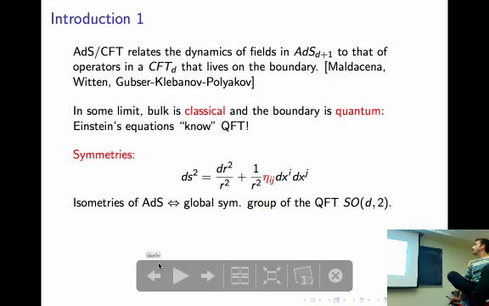So let's look at the simplest possible example. If we have a scalar field in AdS with some given mass, there are in principle two dual operators which this field can correspond to in the CFT, and the conformal dimensions are given by that formula in terms of the mass.